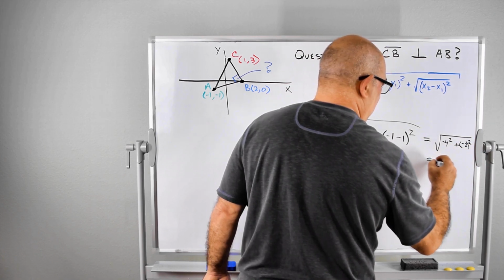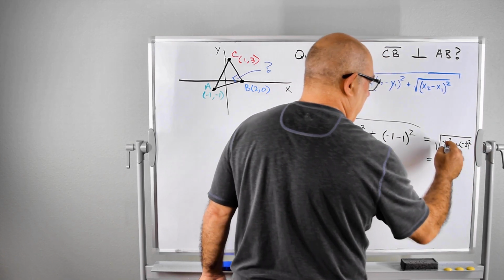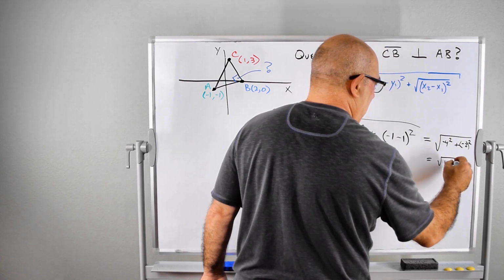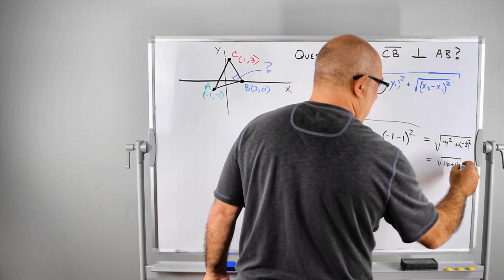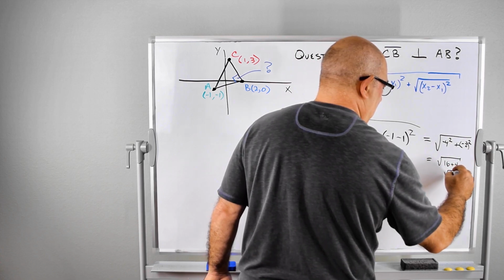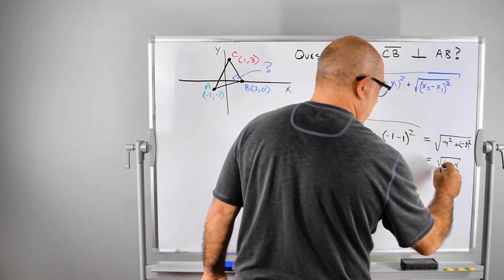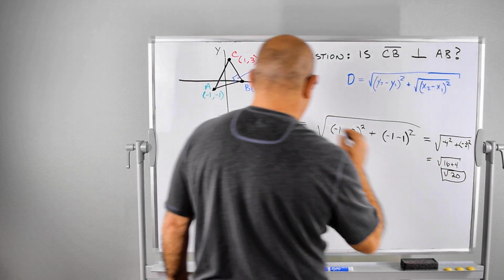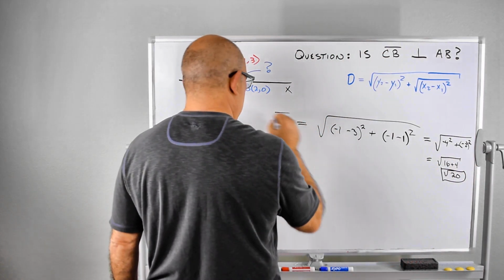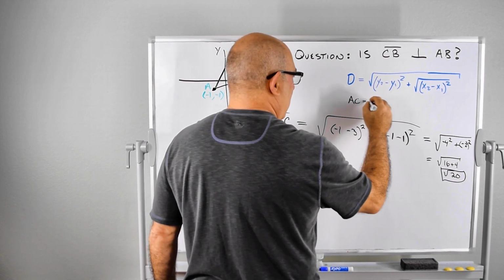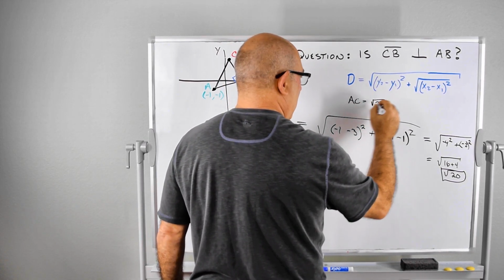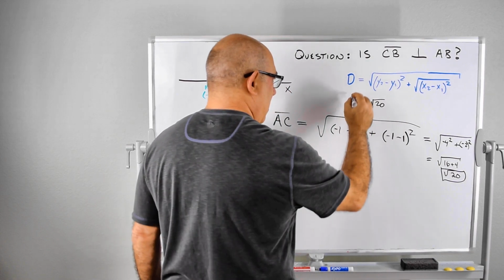And that equals the square root of 16 plus 4, and that is the square root of 20. Okay, so we're going to hold that value. We'll just remember that AC equals the square root of 20. We won't simplify it, we'll just leave it there.